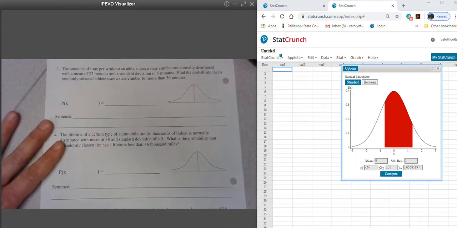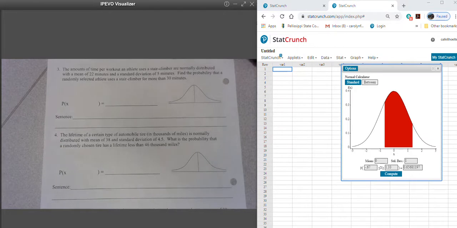The next problem is about working out on a stair climber. It says the amount of time per workout an athlete uses a stair climber is normally distributed with a mean of 22 minutes and a standard deviation of 5 minutes. Find the probability that a randomly selected athlete uses a stair climber for more than 30 minutes. So let's draw out our normal model.